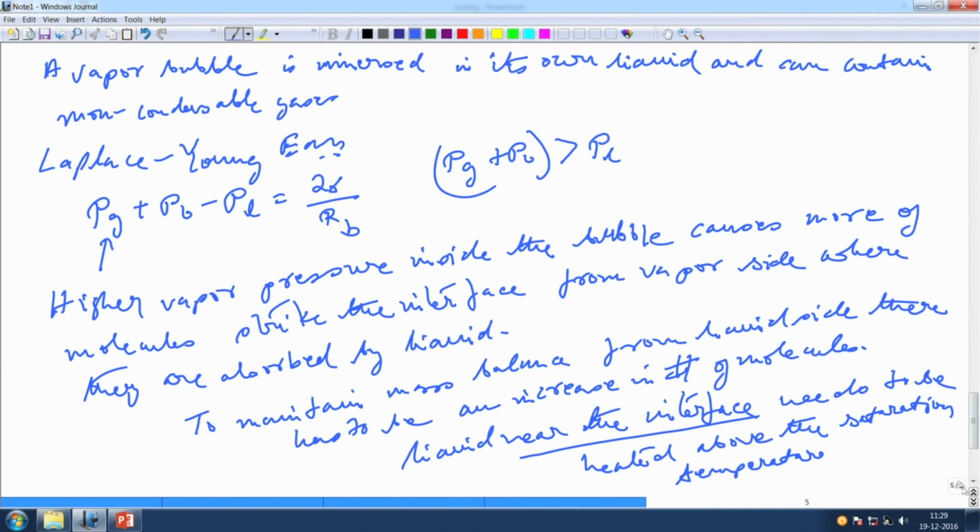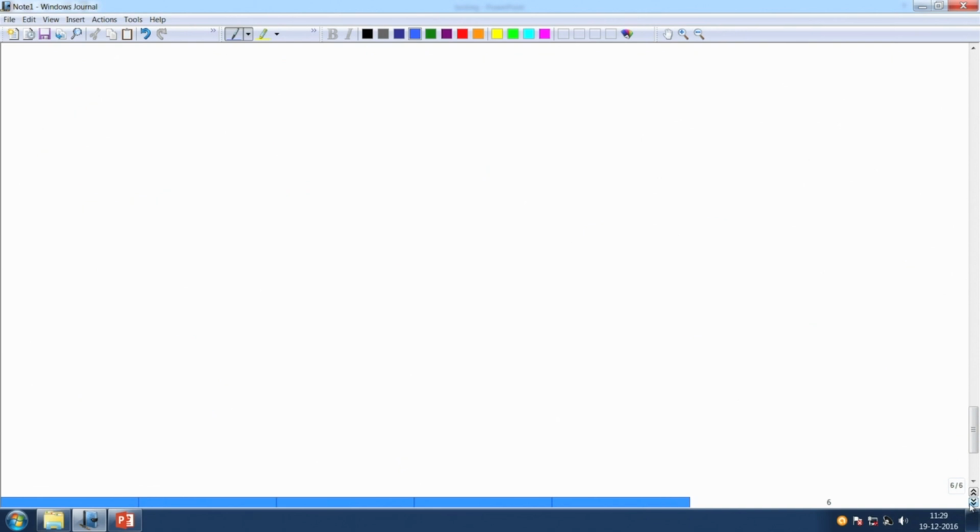Okay. Now, if you recall, for a curved bubble, if you recall your old notes, you will see that the vapor pressure within a curved bubble is given by, do you recall this particular thing, this we covered.